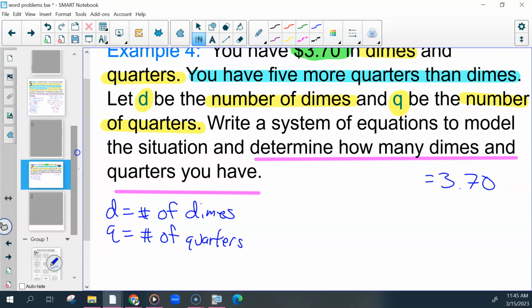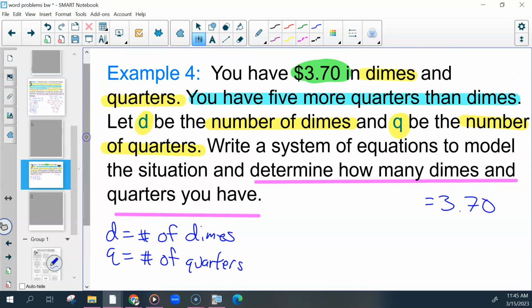And then we're actually missing information because it's information they assume you know already. Because if I just add up number of dimes and number of quarters, D and Q, I'm not going to get 370. How would I add up to 370?